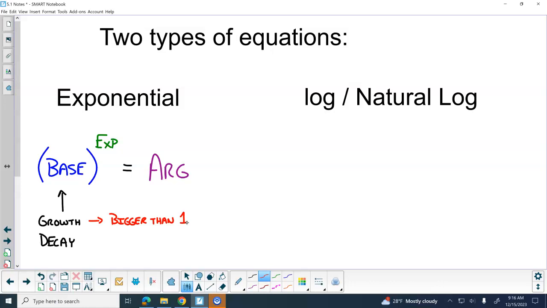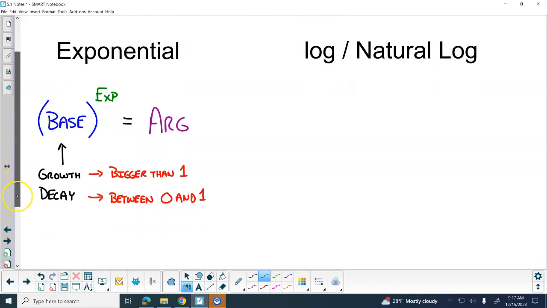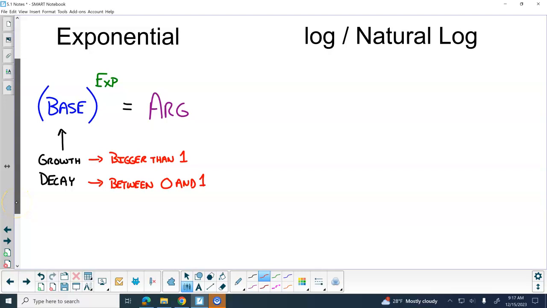If we are a decay, our base is going to be between 0 and 1. Based off of those two things that I have written in red, what can you tell me about the base?